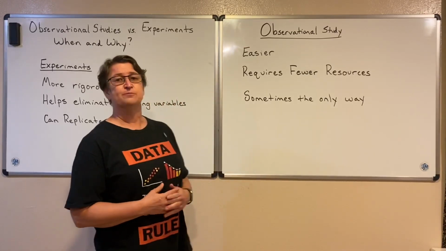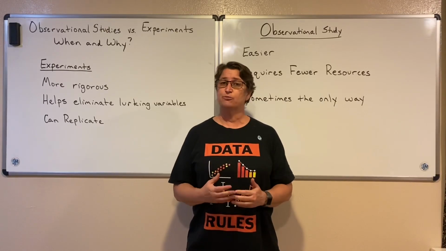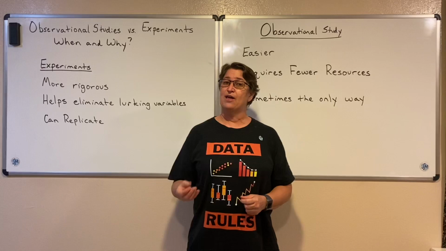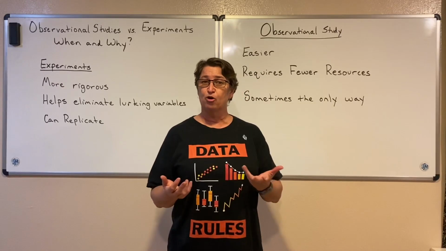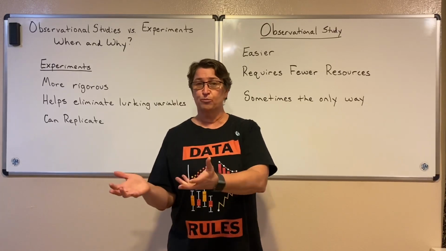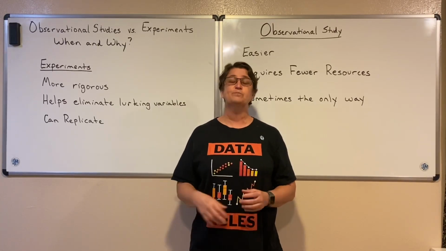For instance, if it is ethically not possible for us to do an experiment, for instance, if I'm trying to find the relationship between smoking and birth weight, I don't want to tell a bunch of women, you must smoke during pregnancy. That's just not ethically okay to do.